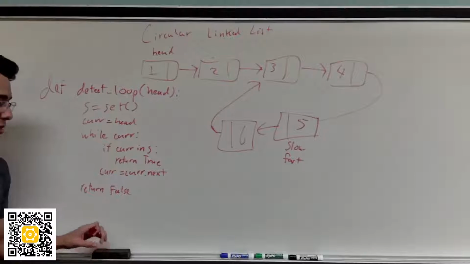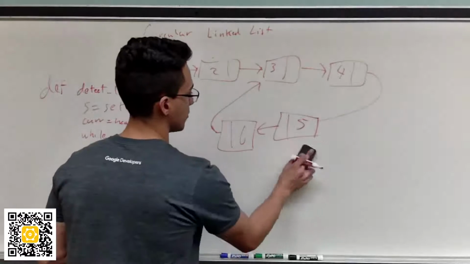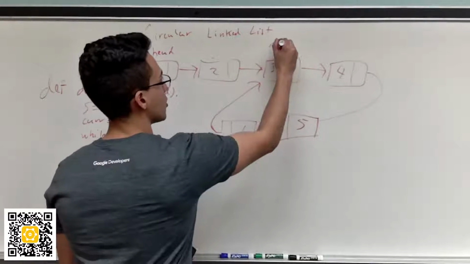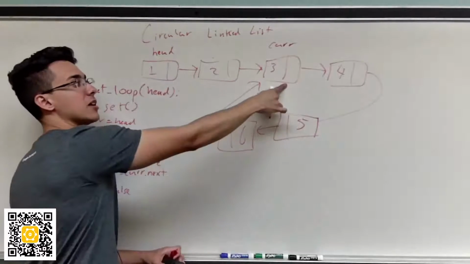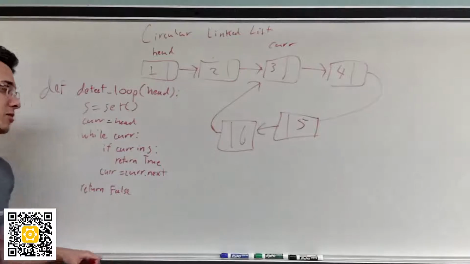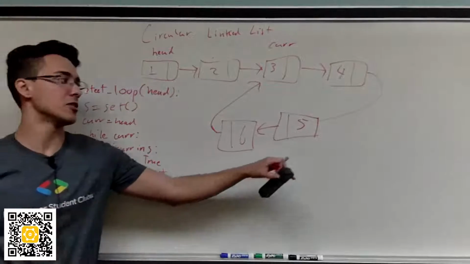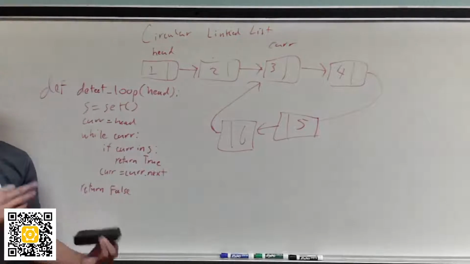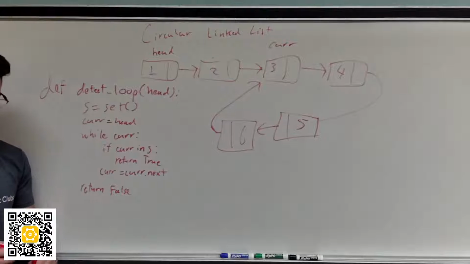So basically, once cur goes back here, it'll just return true. Versus having to go all the way here and go through extra other nodes.